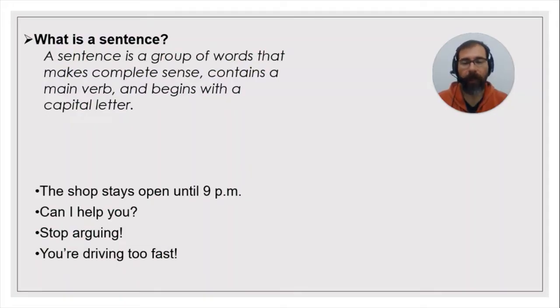The shop stays open until 9 p.m. Can I help you? Stop arguing. You're driving too fast. Here we have a group of words that makes complete sense, contains a main verb, and begins with a capital letter. They are sentences.